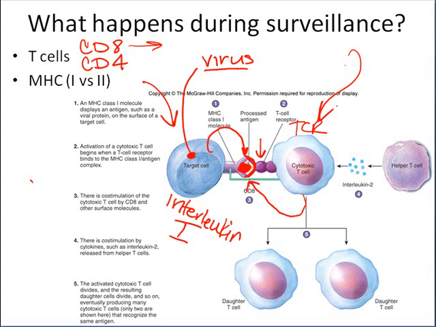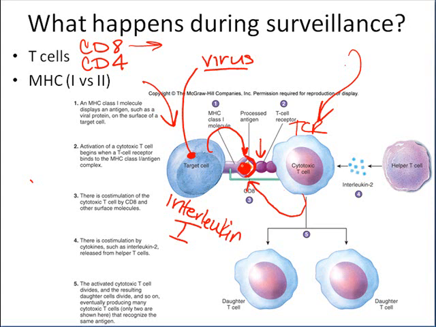It will see if it has a properly shaped T cell receptor to fit with that particular shaped antigen. This process can go on for hours until we find the right shaped cytotoxic T cell that has the right shaped T cell receptor to recognize this shaped antigen.